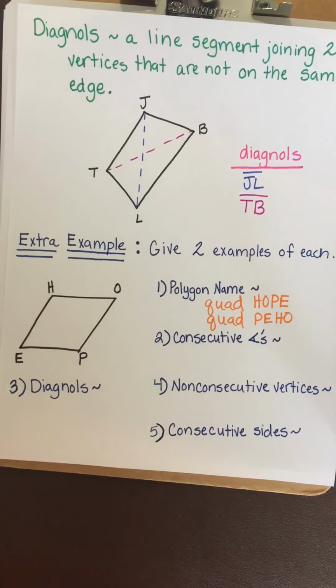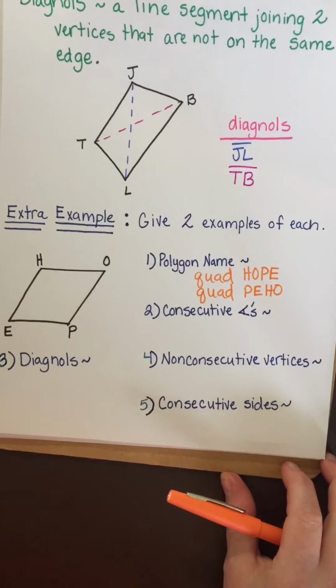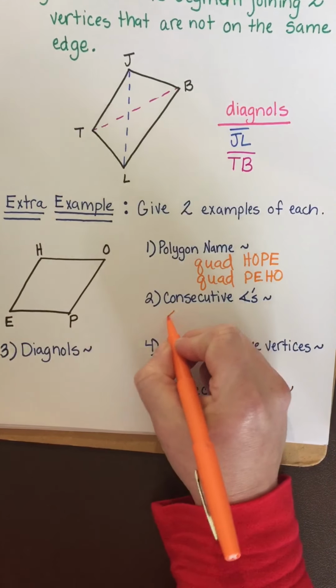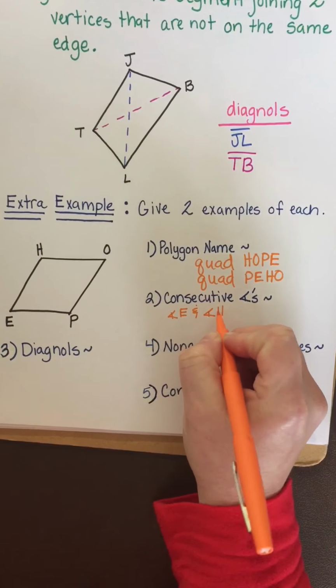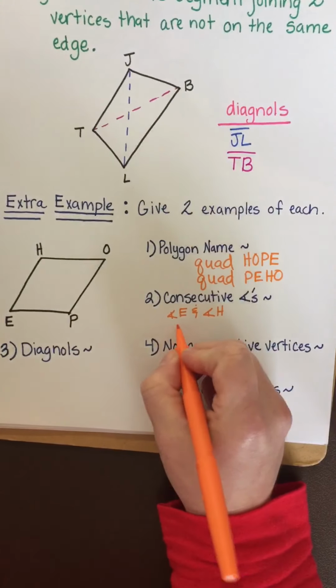All right, let's name some consecutive angles of this quadrilateral. What's one pair of consecutive angles? Let's say angle E and angle H. What's another pair of consecutive angles? How about angle O and angle P?